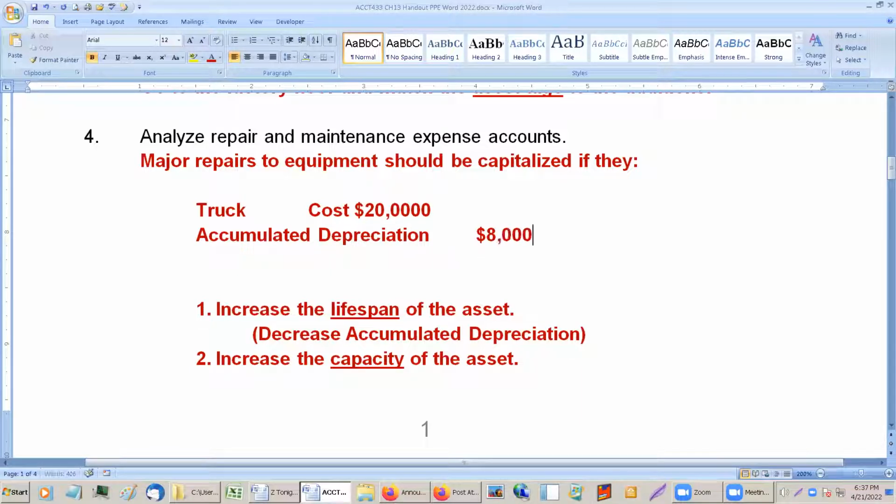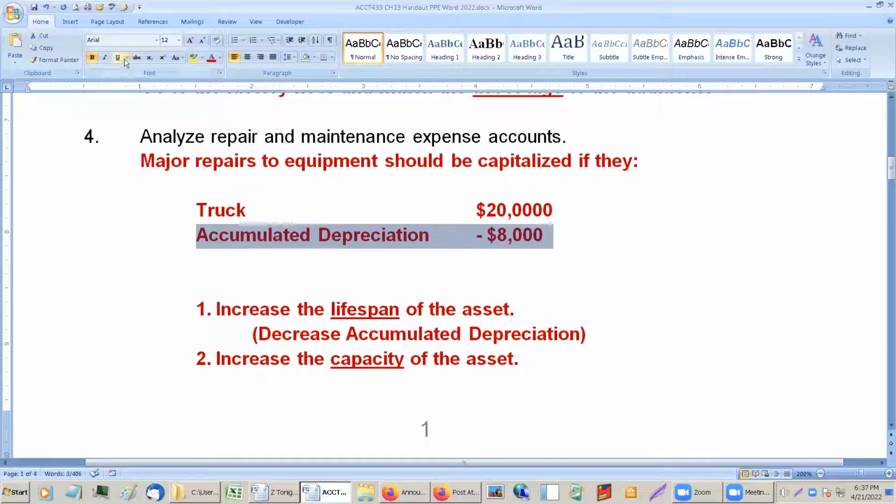Oh, hold on. All right. Let me do this here. Okay, so the book value of this truck would be, or the carry value, probably carry value is a better way to put it, or net value. Okay, so let's say that we have this $12,000. So this truck is worth $12,000.